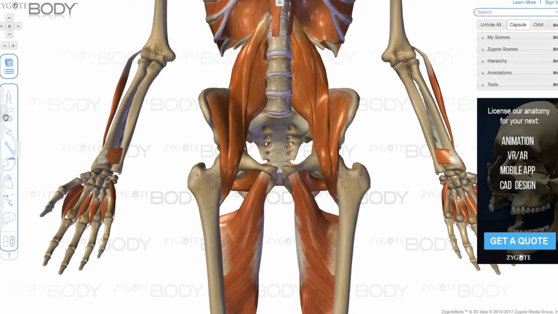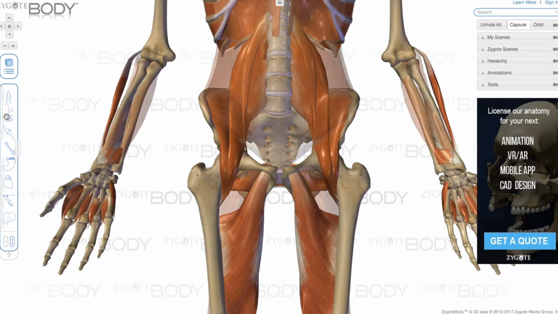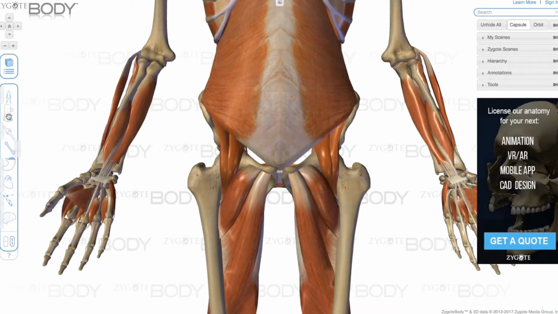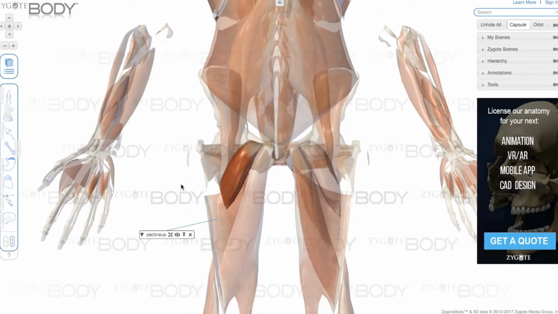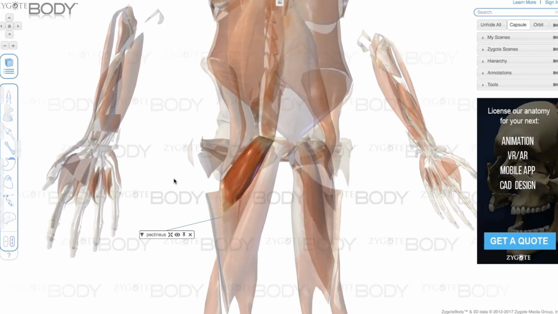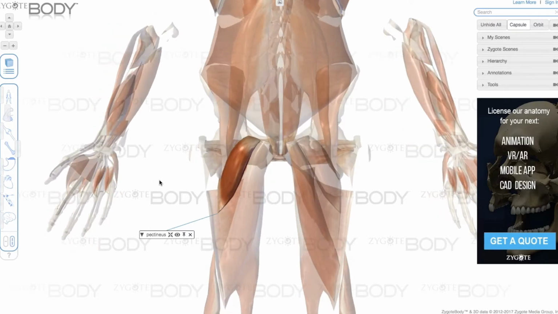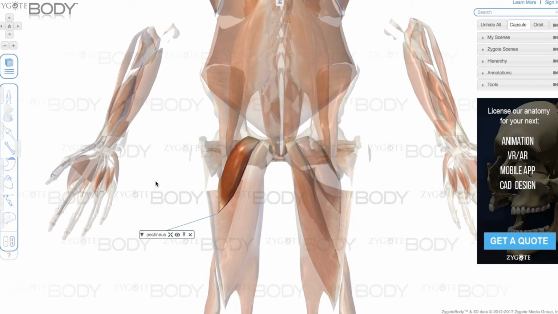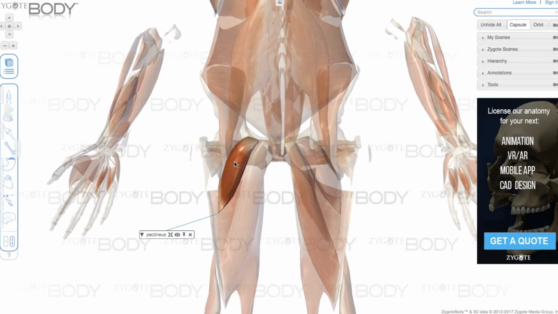If we were to bring in some more muscles, and if you just take a look at it, because of its position, it may come in as a hip flexor muscle as well. And this is the next one, which is called the pectineus.